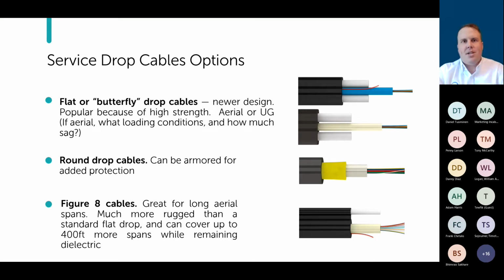This gives you one more option in regard to getting from that last pole to the house. Especially in a rural area, when you see some of those 100-foot, 150 or 200-foot spans to the house, this gives you a much simpler option without having to go underground or add a pole.